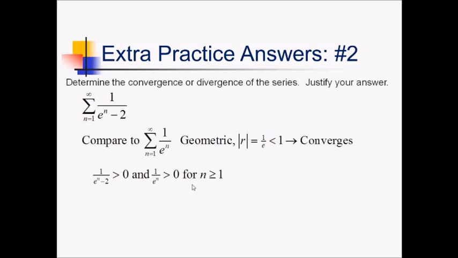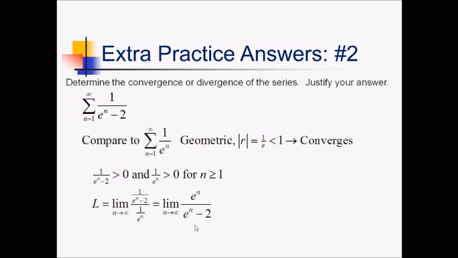So now we're going to go ahead and take the limit as n approaches infinity of the ratio of these two series. So I'm going to have 1 over e to the n minus 2 in my numerator. And in my denominator, I'll just have 1 over e to the n. And I'm going to let all of this equal L so that I can refer to it very quickly if I need to. All right, same change, flip this thing. We've got e to the n over e to the n minus 2.